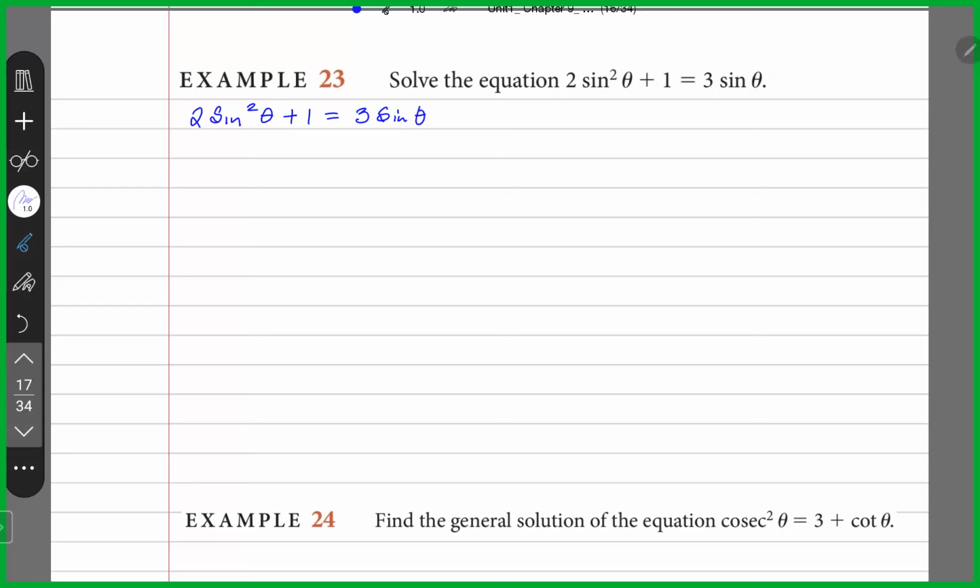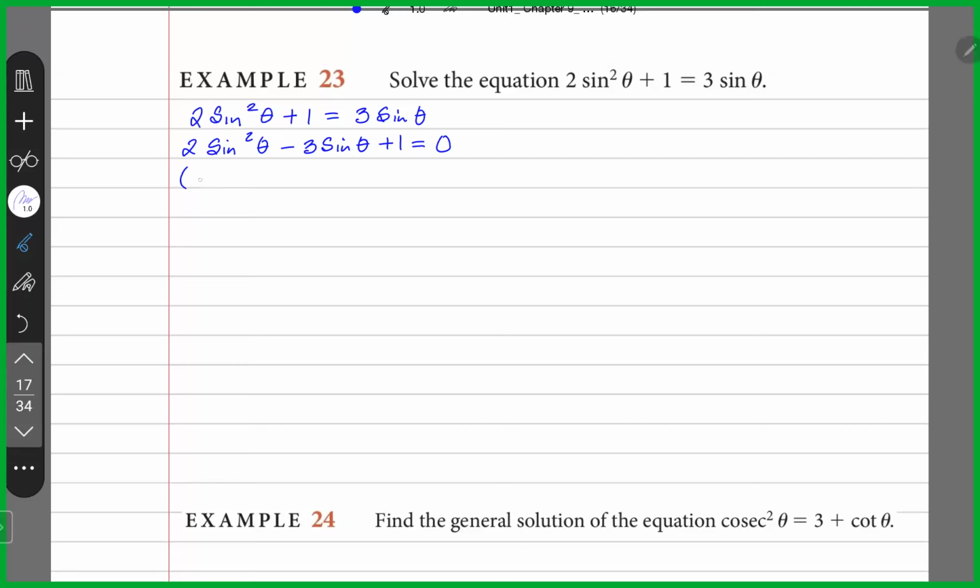So it's a quadratic equation. We need to make one side of the equation equal to 0. So now we have a quadratic equation in one unknown, the unknown being sine theta. So let's find out what sine theta is.